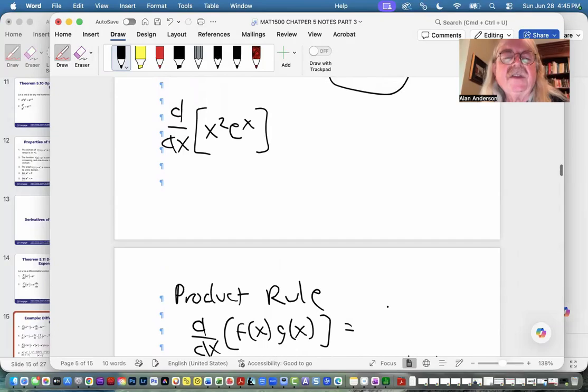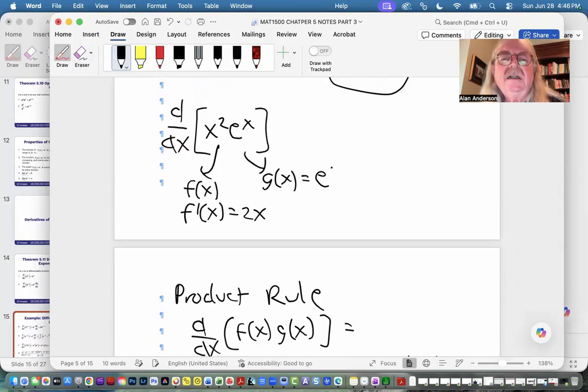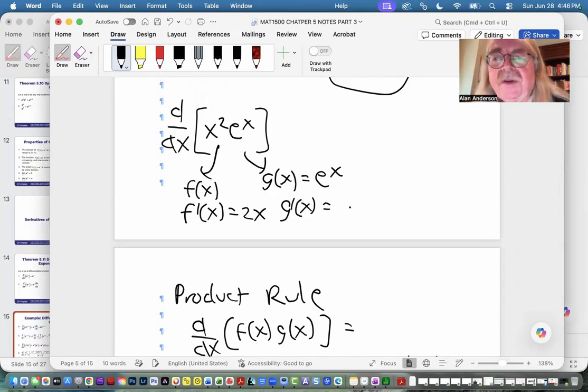So up here, you could think of this as f of x. And so f prime of x is 2x from the power rule. Here's g of x. And of course, because this is such a simple derivative, g prime of x is also e to the x.